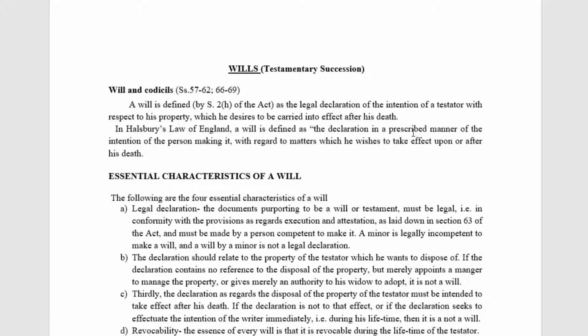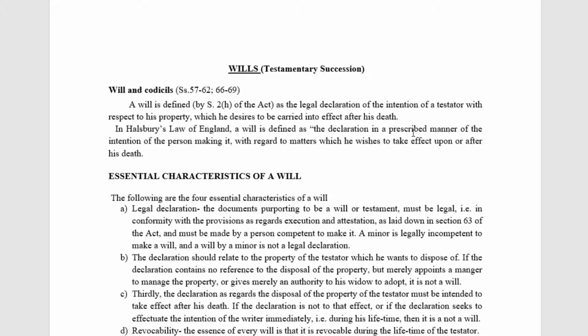Here it has been given that will is nothing but the legal declaration of the intention of a testator with respect to his property, which he desires to be carried into effect after his death. That means, what are the things we can see here? There should be a testator, that means one who writes the testimony.